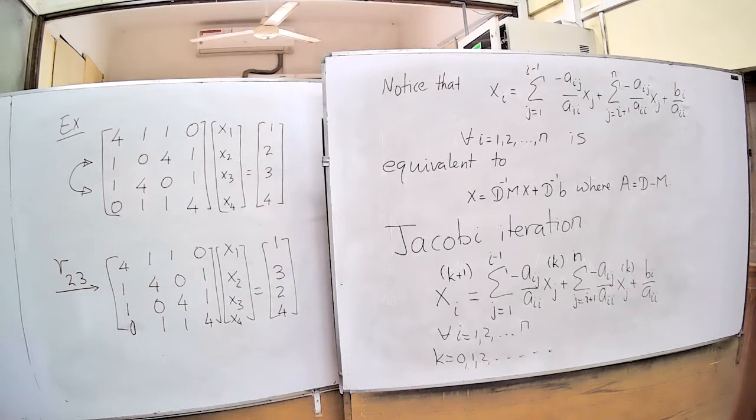Once I do that, the next step is I want to divide every row by the diagonal term.